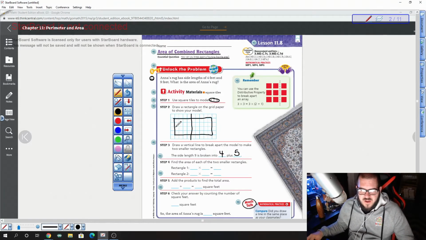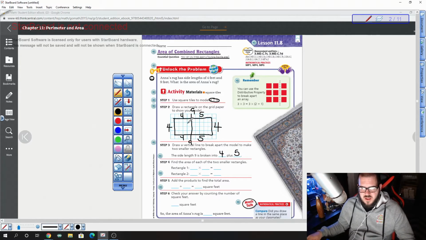Remember this was 4, this was 4, this was 9 in all, so we'll put a 9 up here and a 9 down here. But now it is 4 and 5. So for the first rectangle, to find the area, we multiply the width by the length.